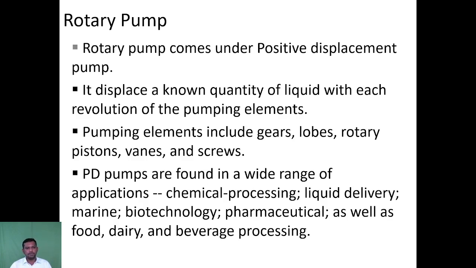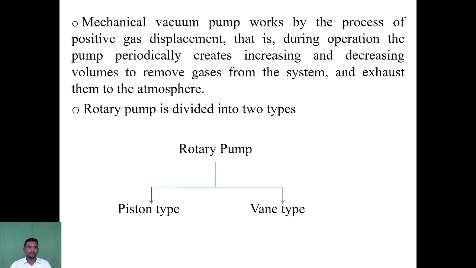Positive displacement pumps are found in a wide range of applications, including chemical processing, liquid delivery, marine applications, some biotechnology related applications, pharmaceutical applications, as well as food, dairy, and beverage processing. So these are the various applications of positive displacement pumps, especially rotary pumps.